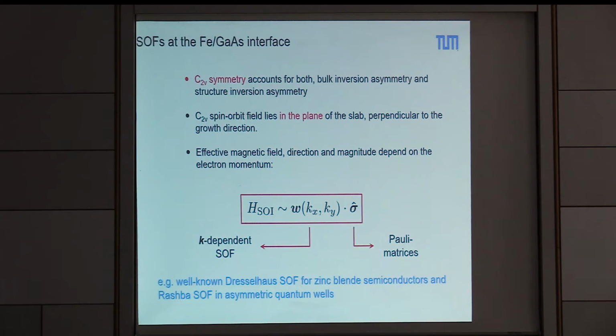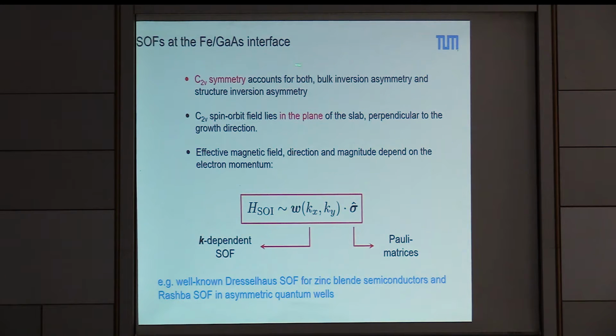Now what they did then is they deduced spin orbit fields from their ab initio calculations, and the most general way you can write it is something like this. So you have a spin orbit interaction Hamiltonian that gives you some k-dependent field here, this W, and it links to these Pauli matrices.